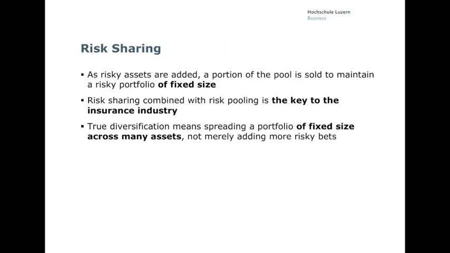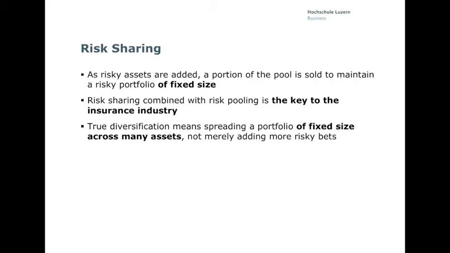Risk sharing. Risk sharing can be achieved by spreading risk across many investors so that each investor bears only a fraction of total risk. Risk pooling, together with risk sharing, results in portfolios with a superior risk-return trade-off, for example, a portfolio with the same expected return but lower volatility.